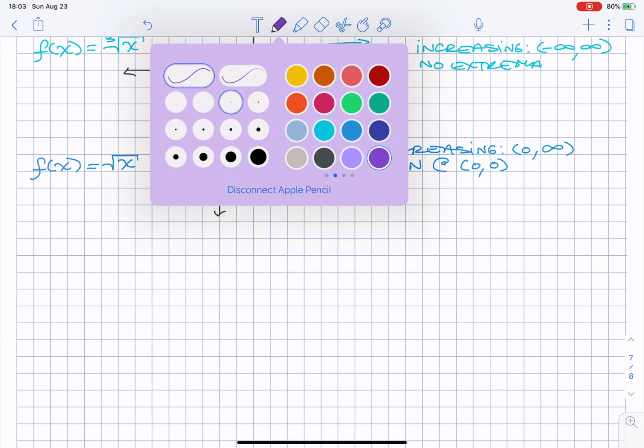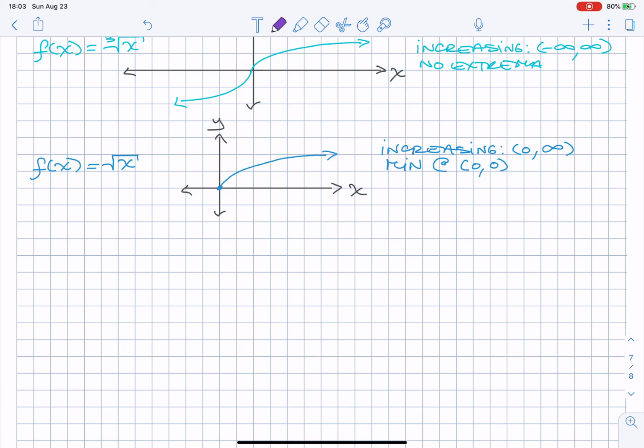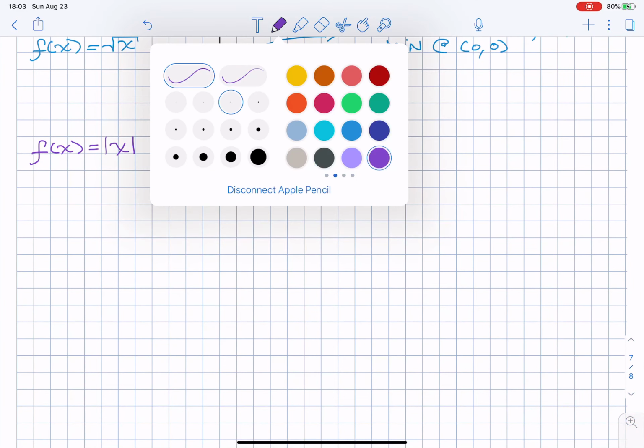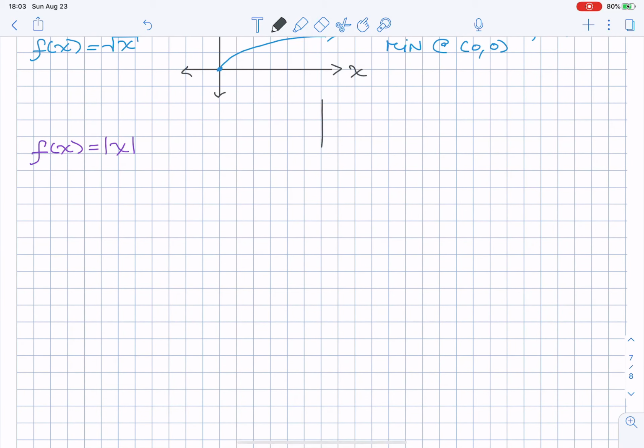Okay, one left for good measure. Let's do f of x is equal to the absolute value of x. And we know that that looks like a little v. So let's go ahead and plot that. X and y.